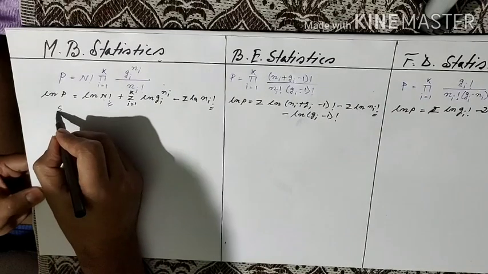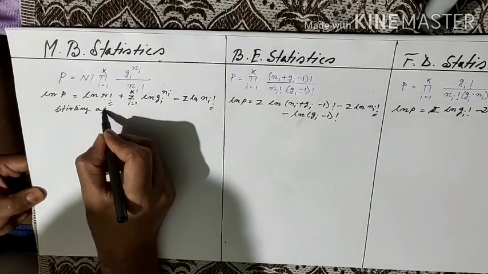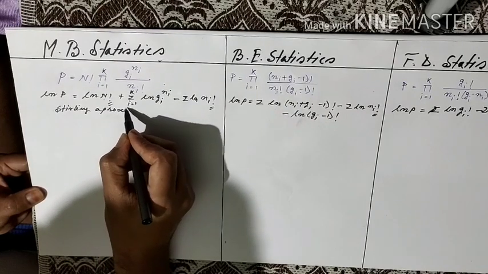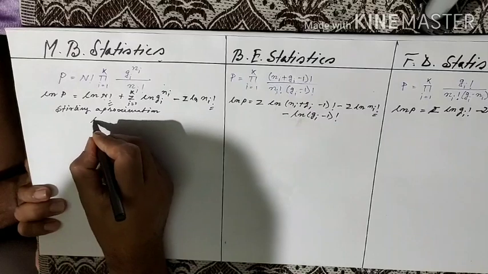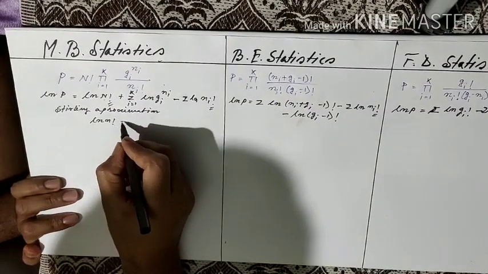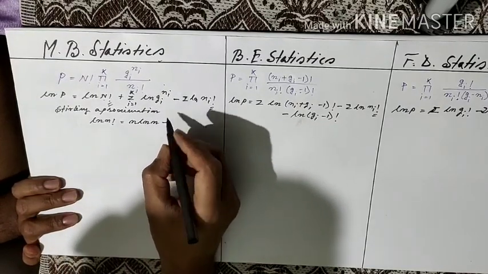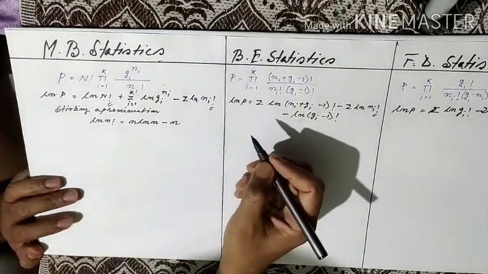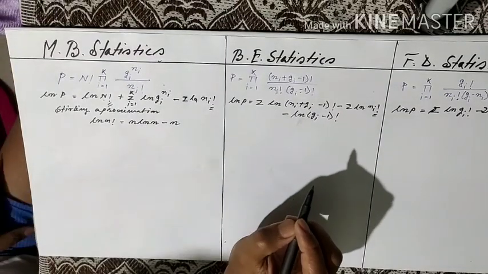For that purpose we go by Stirling approximation. What this approximation says is that if you have any number factorial, ln n factorial can be written as n ln n minus n.